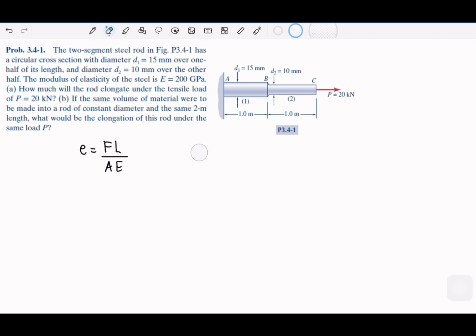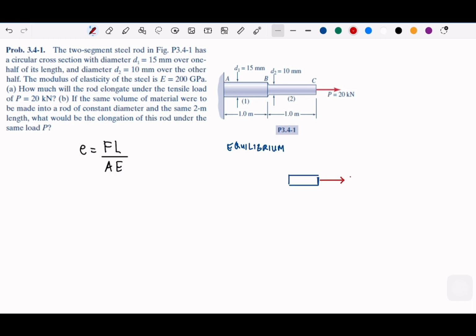Maybe let me describe the equilibrium. So we can start by taking the equilibrium. Let's say we start from element 2. We cut over this element 2.